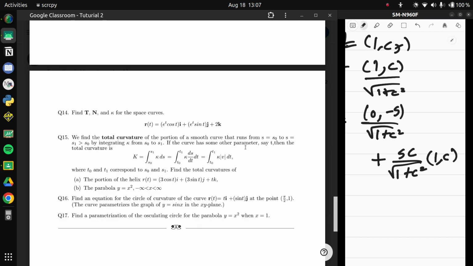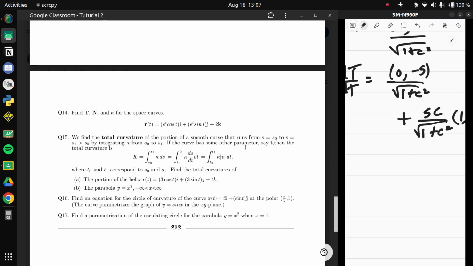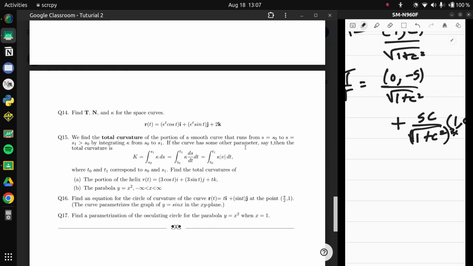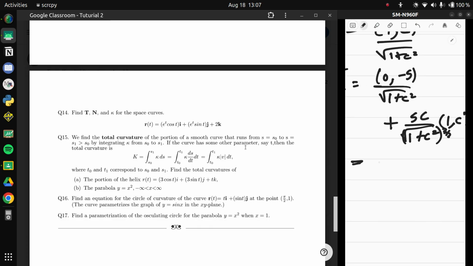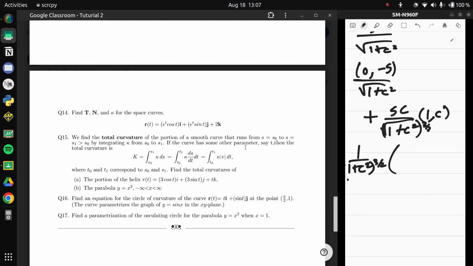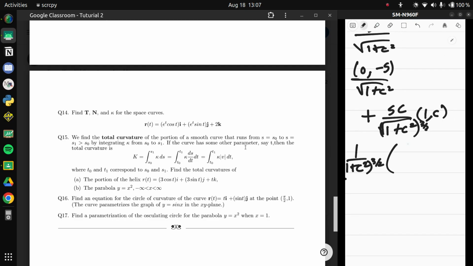Make sense? Let's try to combine. It's supposed to be 3 by 2, so upon (1 plus cosine squared) to the power of 3 by 2. Let's see if we can combine some stuff. You got 0, plus sc, minus s times (1 plus c squared), minus sc squared, and then plus sc squared, so this cancels, leaving minus s plus sc.